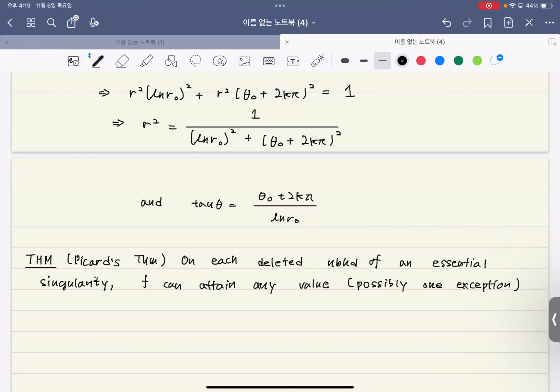There may or may not be such an exception, but if there is an exception, then there is at most one point.